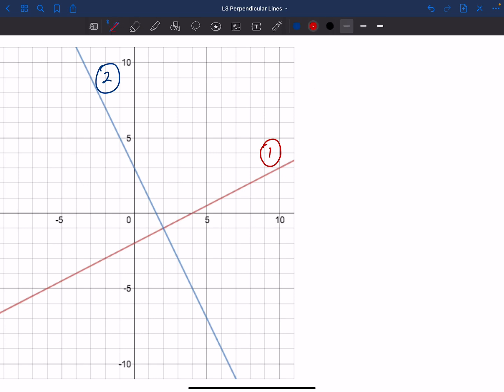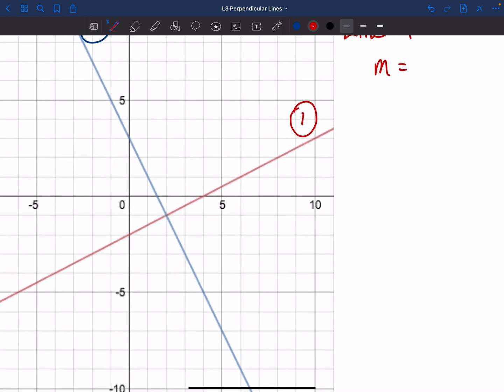To find that, remember what we did last time? We had to find 2 points on the line, and use rise over run to figure out the slope. I'm going to find 2 good points that line up with the grid lines as best I can. We can choose something like that point there.